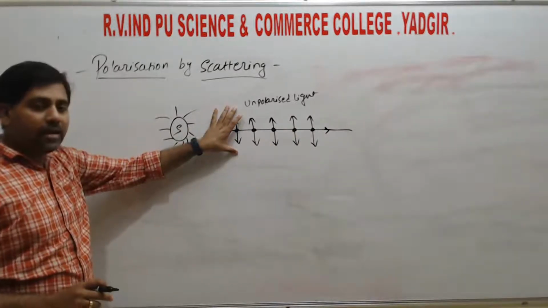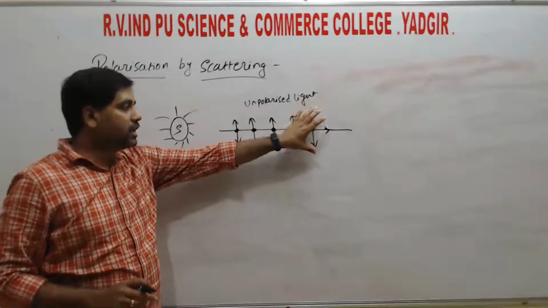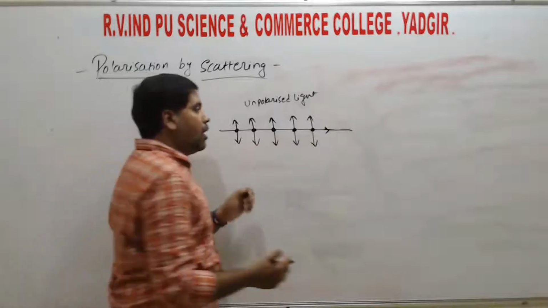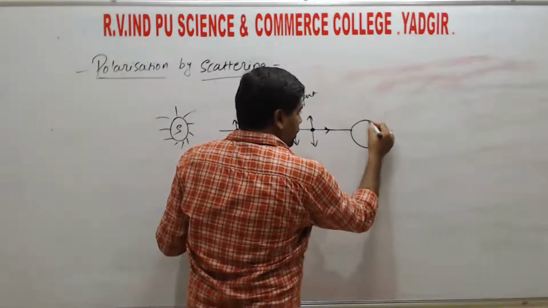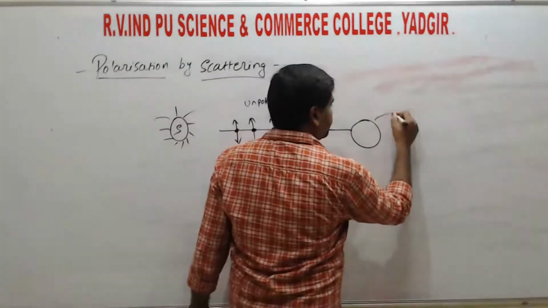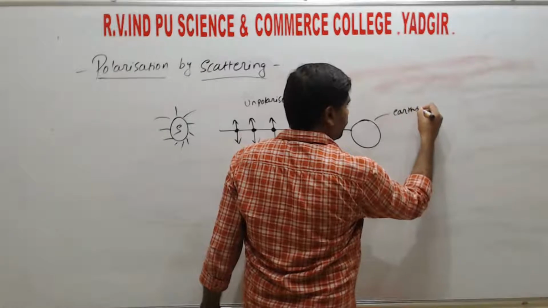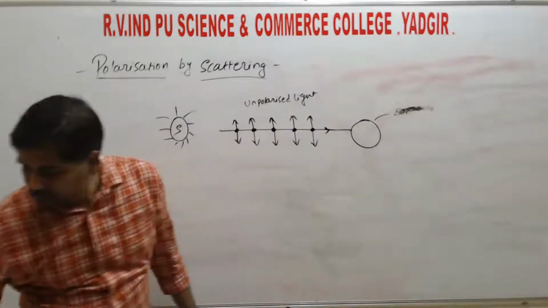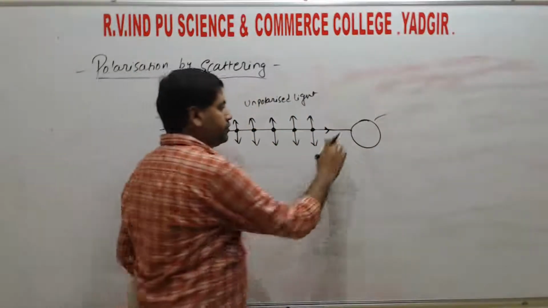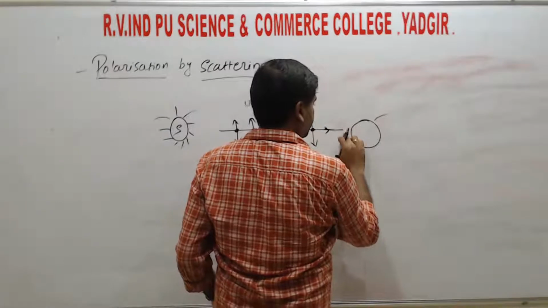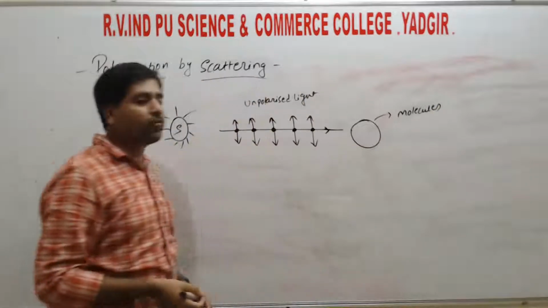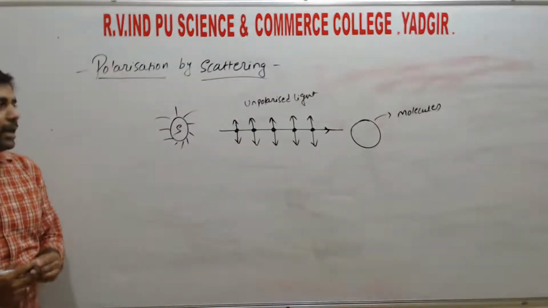When the sunlight travels in the Earth's atmosphere, it strikes the molecules in the Earth's atmosphere. If we consider this one as a molecule in the Earth's atmosphere, molecules consist of atoms and atoms consist of electrons, right?